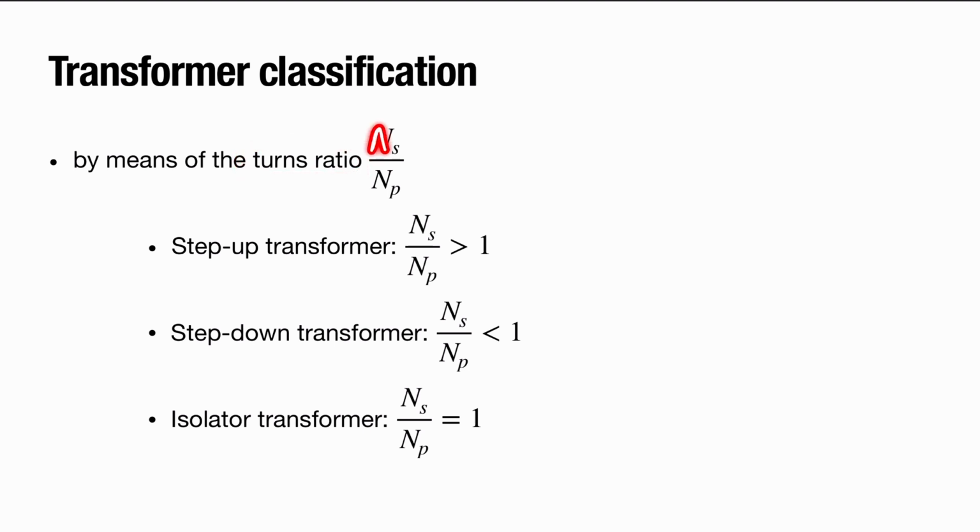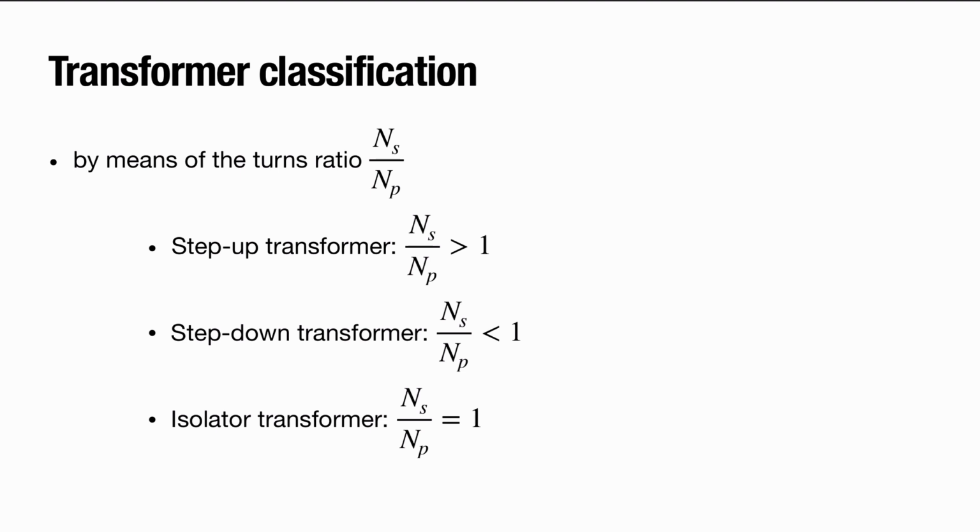It is the number of windings on the secondary part of the transformer divided by the number of windings on the primary side. Some books or texts might use the inverse of this, but for our purposes, when we mean turns ratio, we mean secondary over primary, the windings.